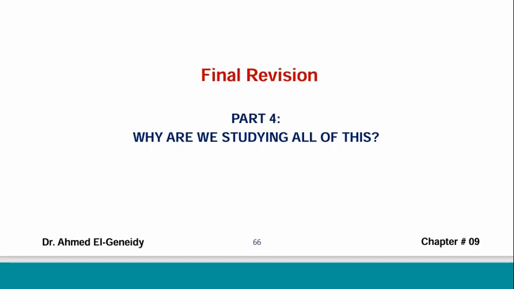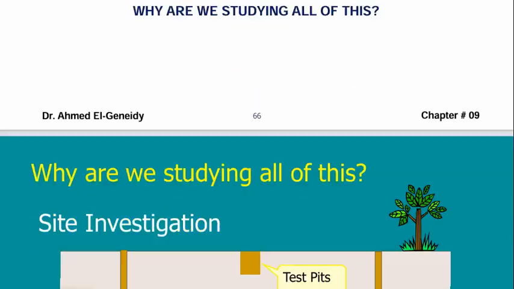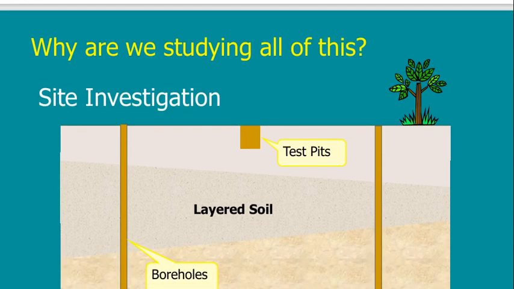The final and very important part is why we are studying all of this. Now you can say that we ended the revision, but why are we studying? What is the link between geotechnical engineering and geology? The link between both is what we said in our revision lecture, and to prove it on site, we use site investigation.